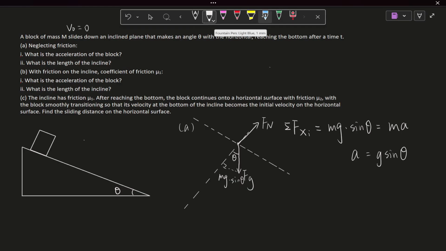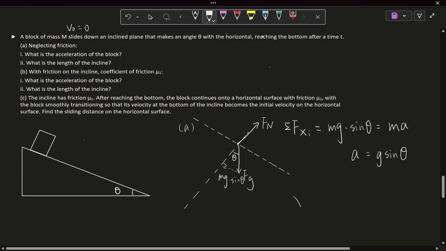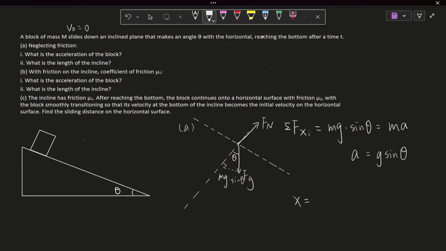So using your kinematic equation, x is equal to v naught t plus half a t squared. It's initially at rest, right? So there's no v naught t here. There's only acceleration and t. So we get x is equal to half times g squared times sine squared theta times t squared.